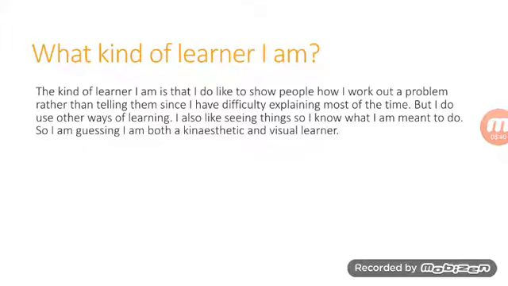They tend to show more than they explain. But I do use other ways of learning, so I like to visualize things. So I like seeing things, so I'm a visual learner, and I'm a kinesthetic as well, which I think is movement. I'm not sure what it is, but I need to search that up.